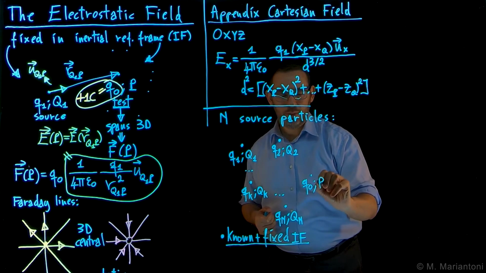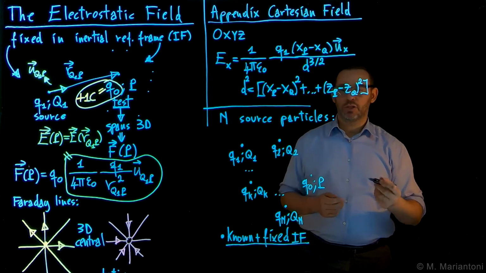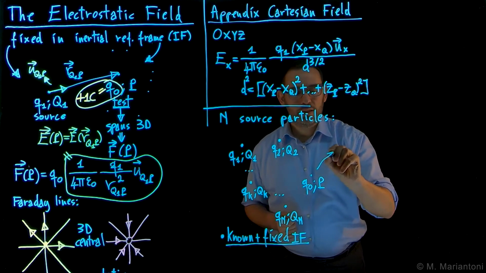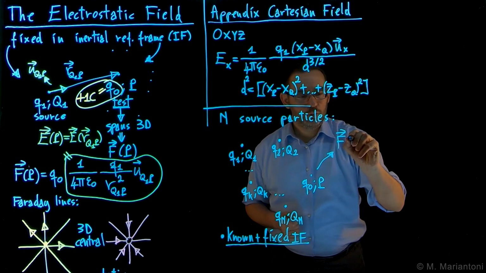So this is our point capital P. We want the force at this point on our test charge, as always. So what is the force at this point? The force due to Coulomb's law at point capital P.